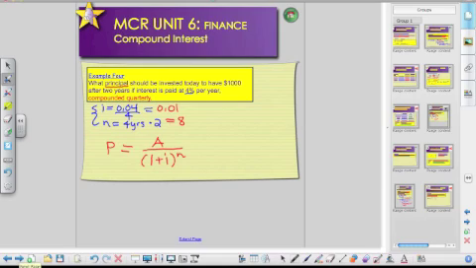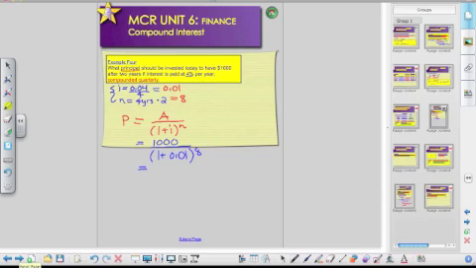So P is going to be equal to 1,000 divided by 1 plus 0.01 to the power of 8. Now remember, the calculator is not as smart as you are. So instead of punching everything in all together, try to keep your numerator and denominator separately. So I'm going to try to punch in my denominator by itself and figure out that value.